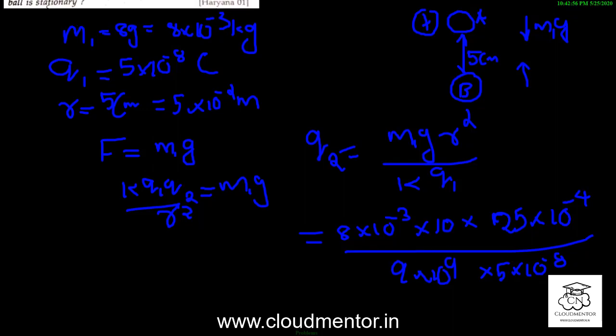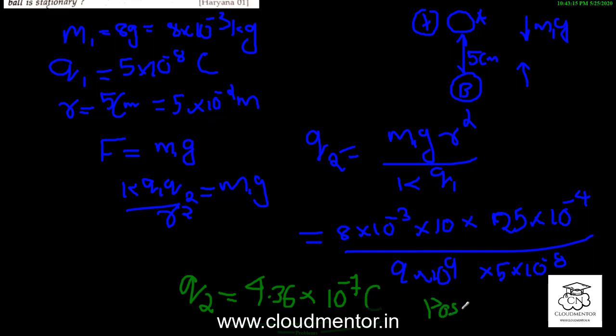By doing the calculation, we will get Q2 equal to 4.36 multiplied by 10 raised to minus 7 coulomb. And the nature is positive. So that was the answer to the question, and we are moving to the next question.